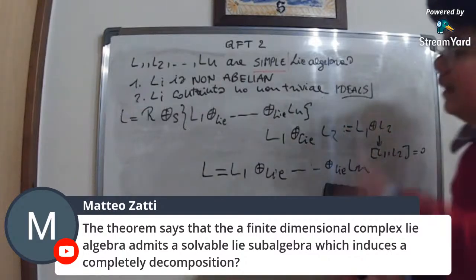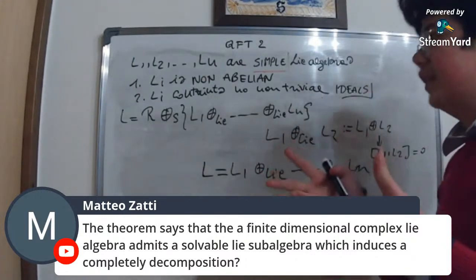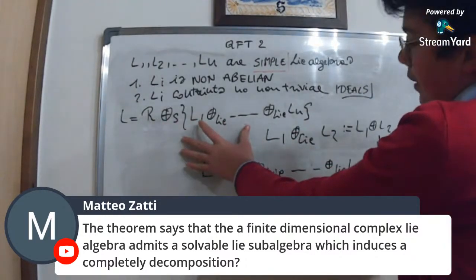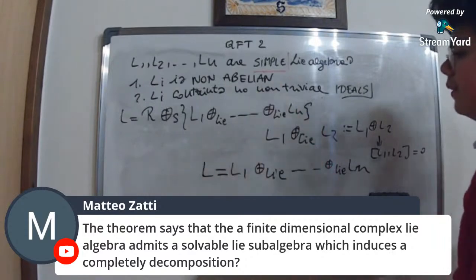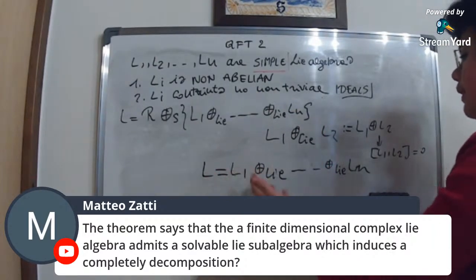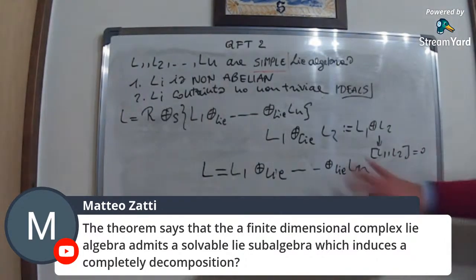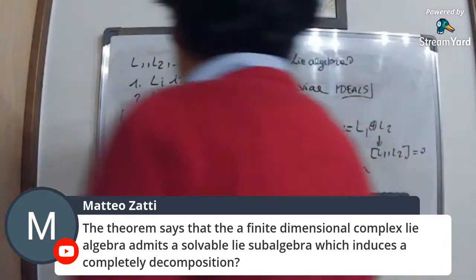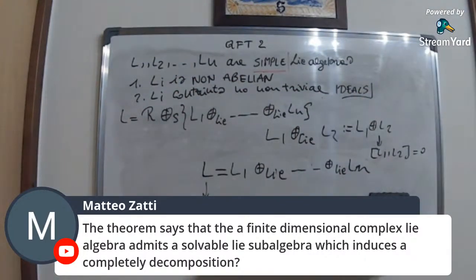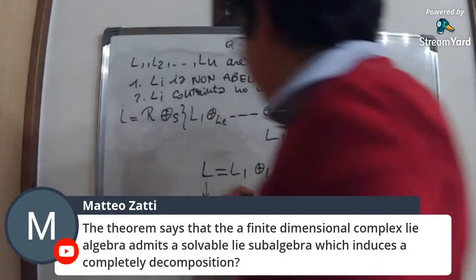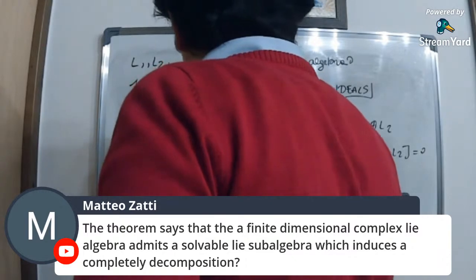The theorem says that I can decompose the Lie algebra in these subalgebras, but there are cases where I can decompose it just in simple Lie algebras. In this case, I can talk about semi-simple Lie algebra. So an algebra that can be decomposed just in simple Lie algebras is called semi-simple Lie algebra.